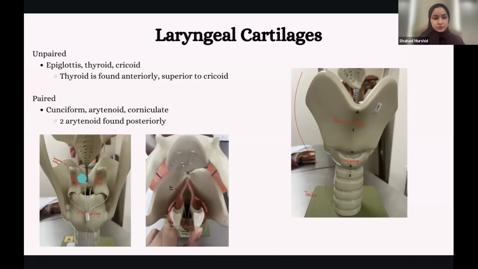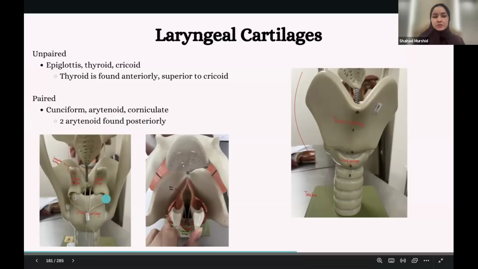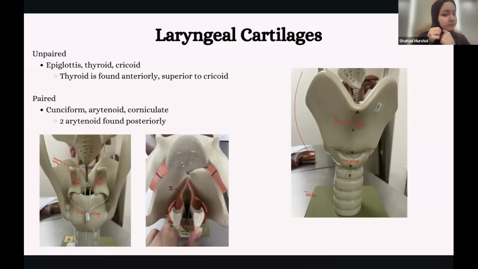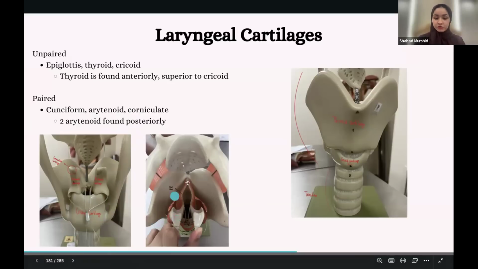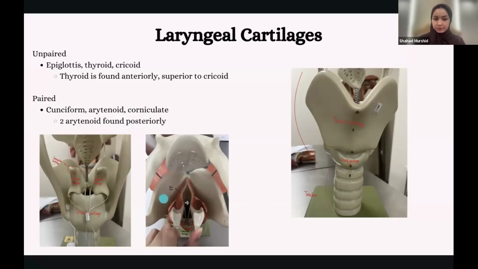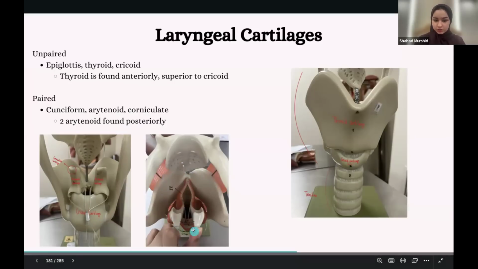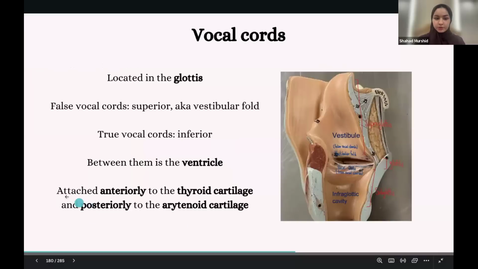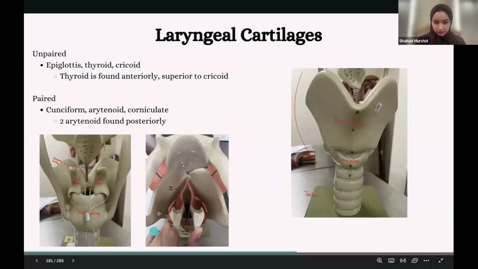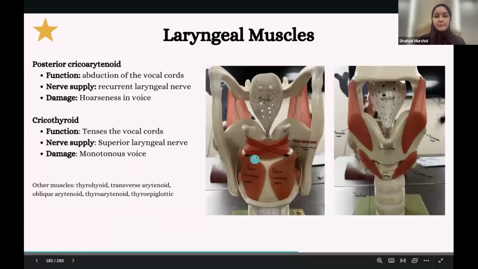And then this is the arytenoid, and this is the cricoid cartilage, as we said. Now, this is something that I told you guys earlier. Remember how I said the vocal cord is attached anteriorly to the thyroid cartilage and posteriorly to the arytenoid cartilage? This is what's happening here. So you can see that here.